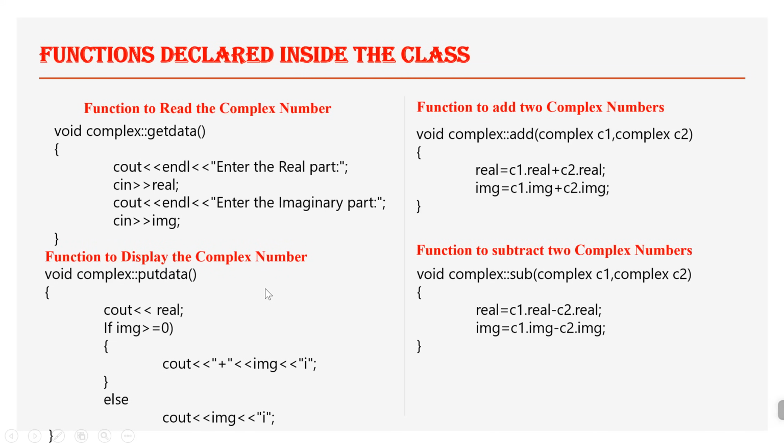Put data also we are displaying the two components. What are the two components? Real as well as imaginary. And you may observe, see cout real means it is displaying the real value. But when it comes to imaginary, there are plus or minus.